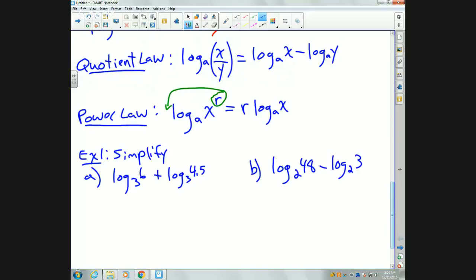So we have the sum of two logs. They have the same base. This is the same as the log of the first number here, the 6, times the 4.5. And then 6 times 4.5. What's that, 36?